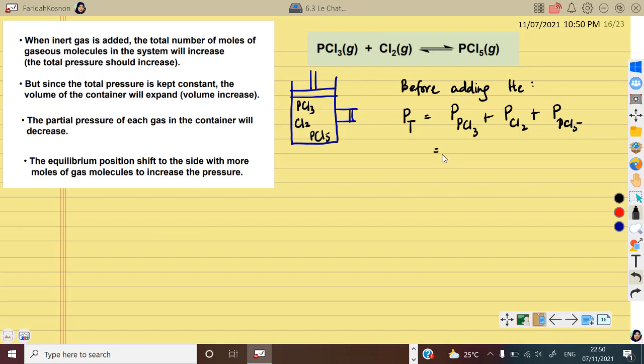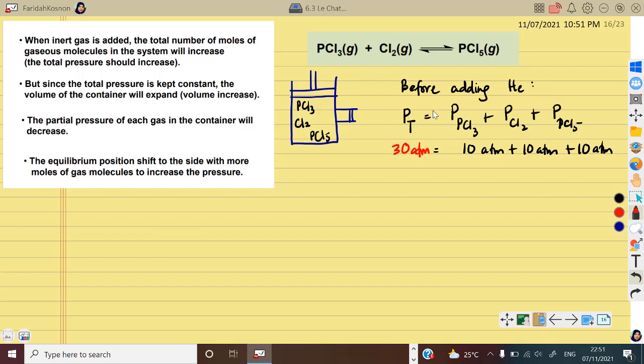So katakanlah 10 atm plus 10 atm plus 10 atm. Jadi, sebelum adding inert gas, total pressure dalam ni adalah 30 atm. So, itu ketika dia berada dalam equilibrium.